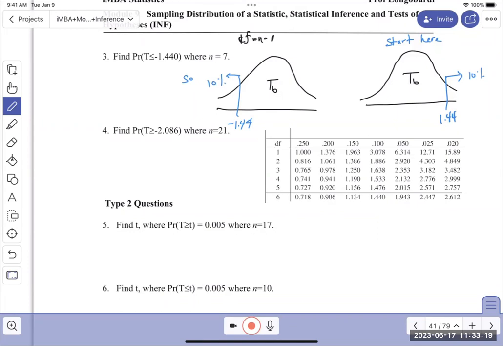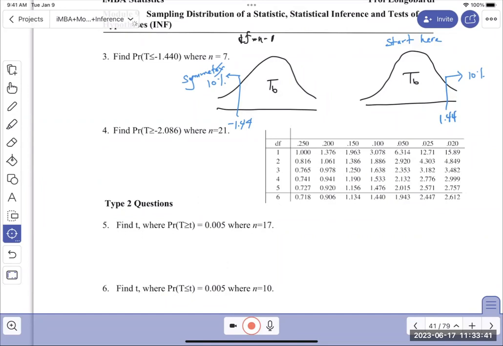And this is because of symmetry. Symmetry in the t-table, like the z-table, right? So even though you only have the right-side critical values, you know the left side by symmetry. You just got to keep your head straight about what you're doing.